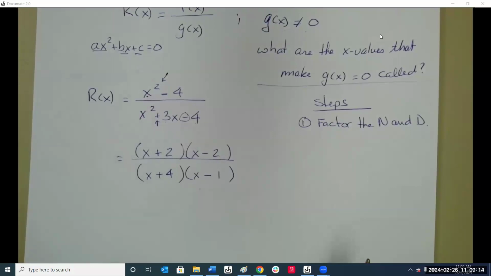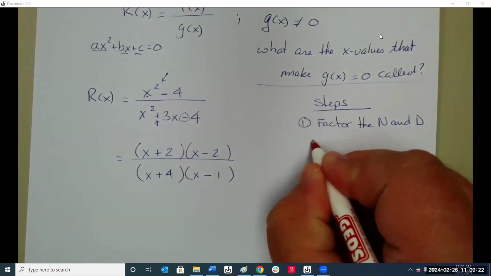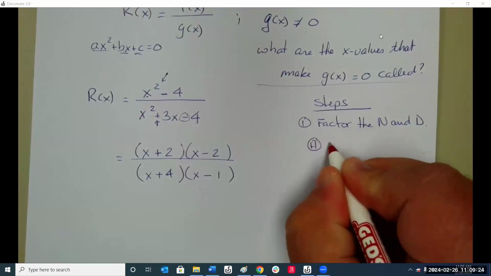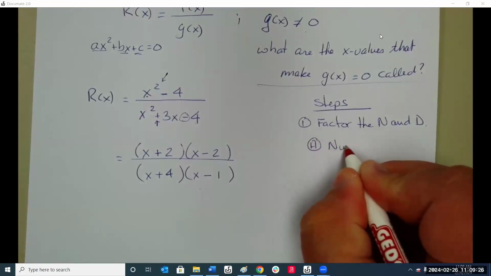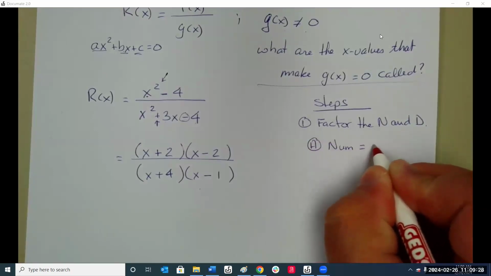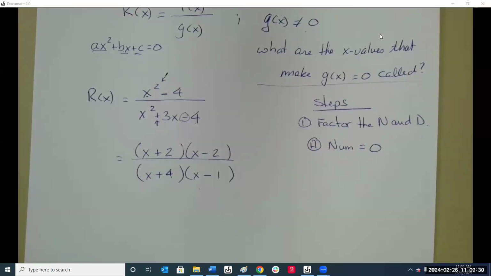Okay, now why did we factor those out? When the numerator equals 0, what does that find for us?